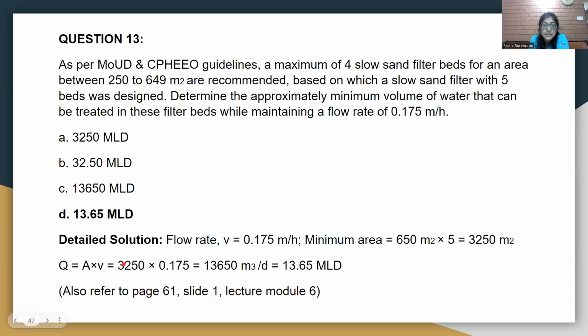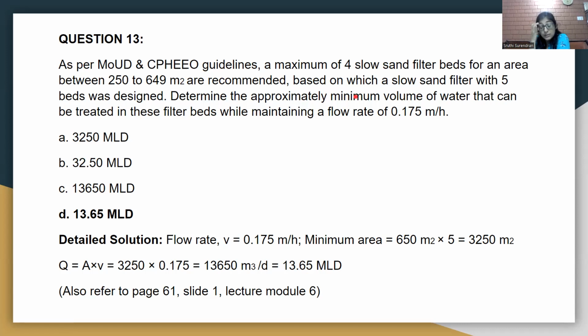Okay, so we can multiply the area into the velocity. It will give us the flow rate, that is 13,650 meter cube per day. So velocity is given and they want us to find the flow rate of the water that is supposed to be flowing into this filtration tank. So it is 13.65 million liters per day. There's a change in the question. I'll be going through the question once again and making some correction if it is required.